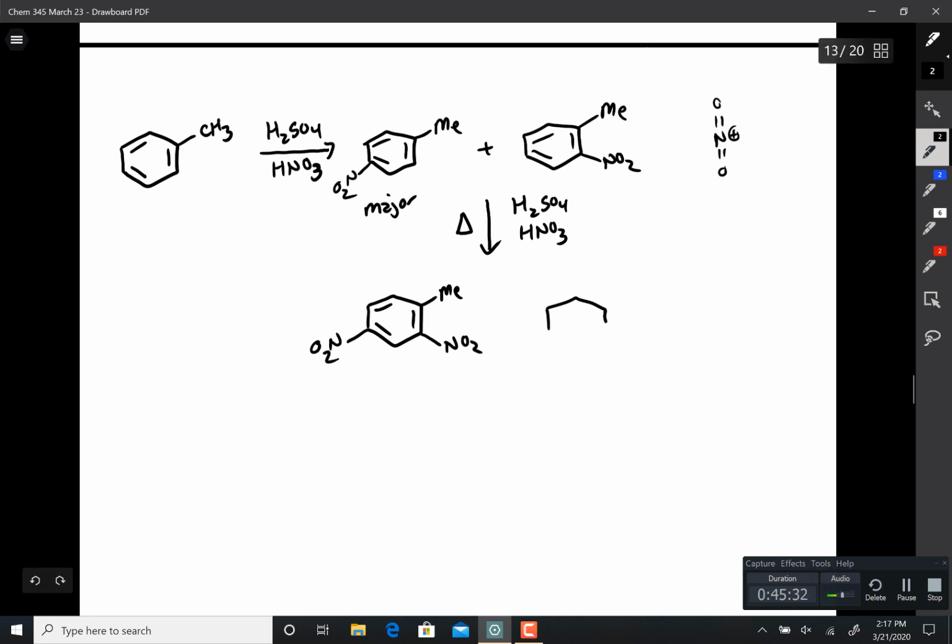In the case of here, the methyl group's still the most activating group, an ortho-para director. It directs it over there, which is the same molecule as that, so we don't have to worry about that one. It also directs it to the ortho position, but this one's going to be a pretty minor product compared to this.